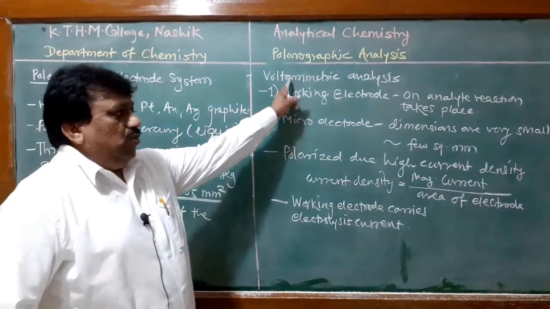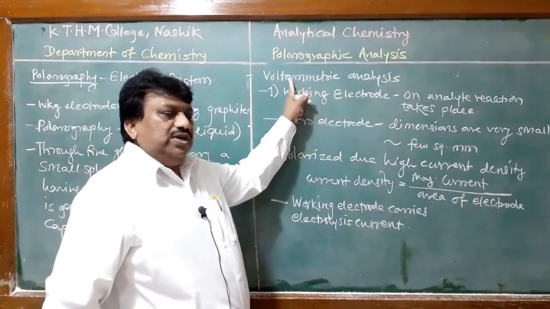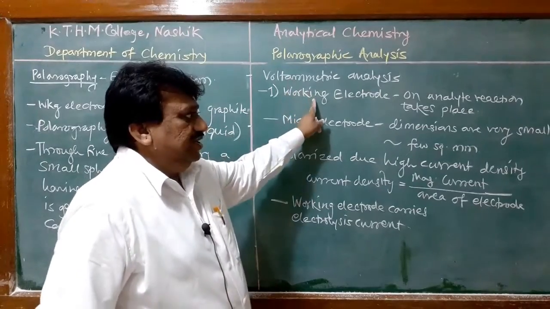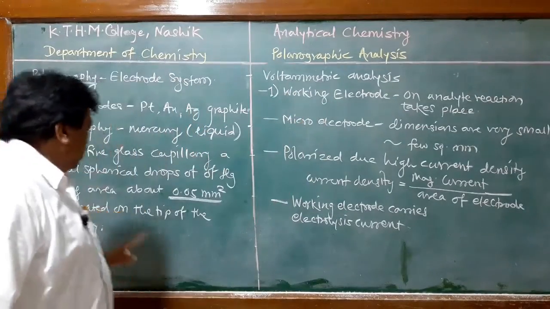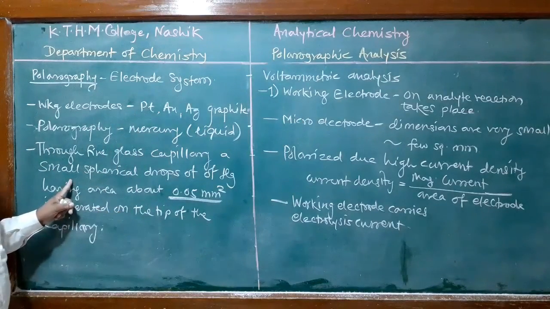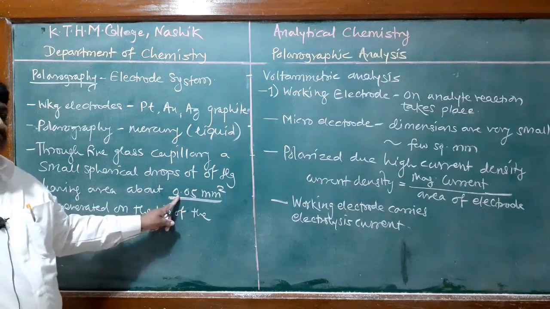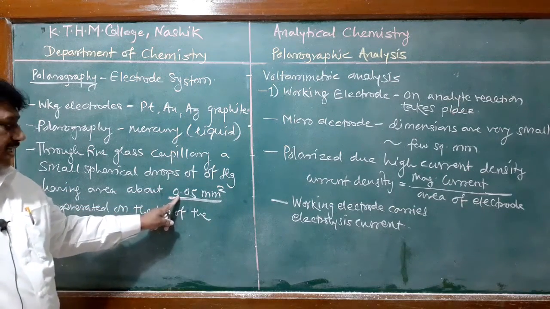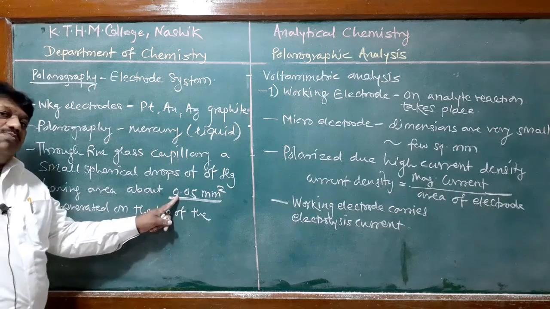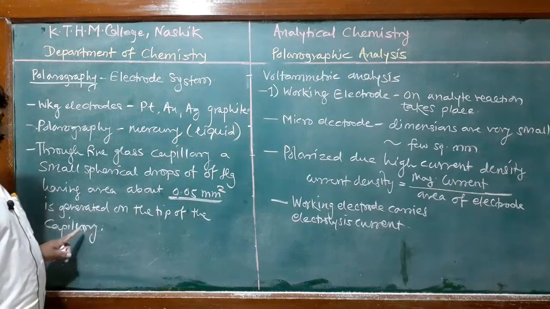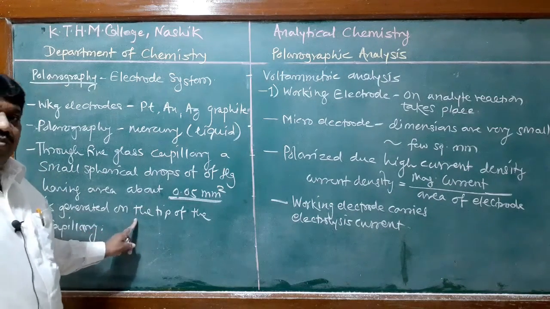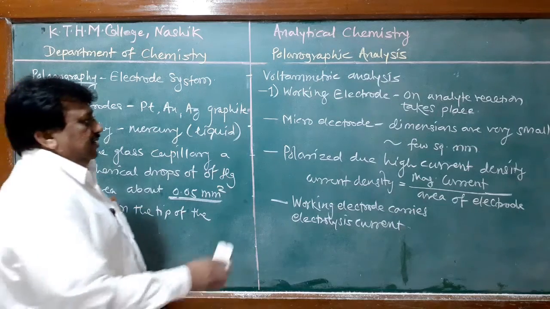Therefore, polarography is a method of voltammetric analysis in which the working electrode is a dropping mercury electrode. A small spherical drop of mercury is obtained on the tip of the capillary, which hangs into the body of the analyte solution and acts as a working electrode in polarographic analysis.